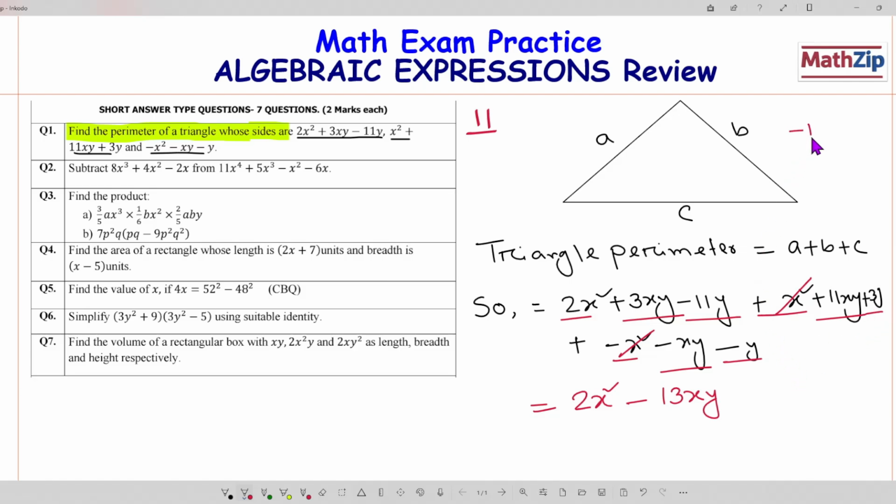So minus 12 plus 3, it will be minus 9. So we can write minus 9y. So this is our answer, or we can say this is the triangle perimeter of this triangle. So first question answer done.